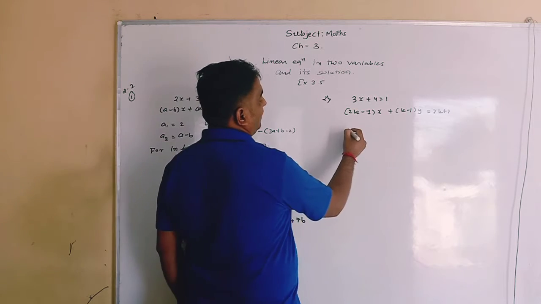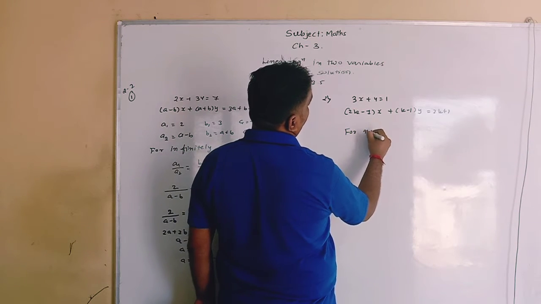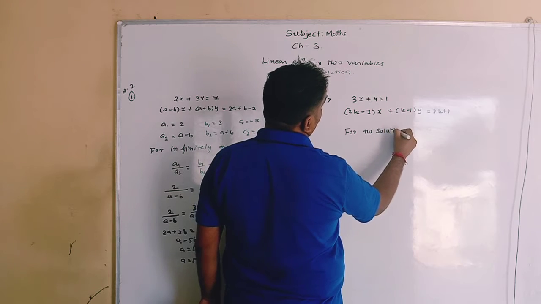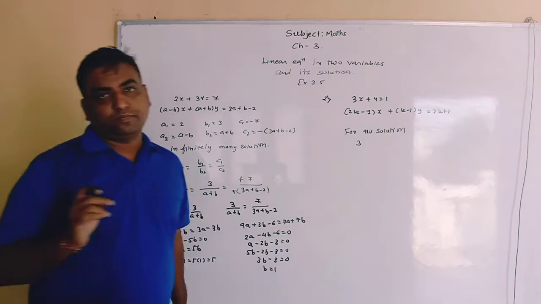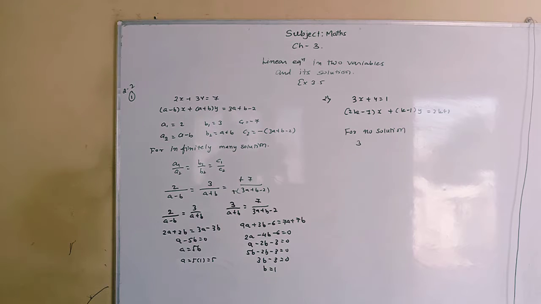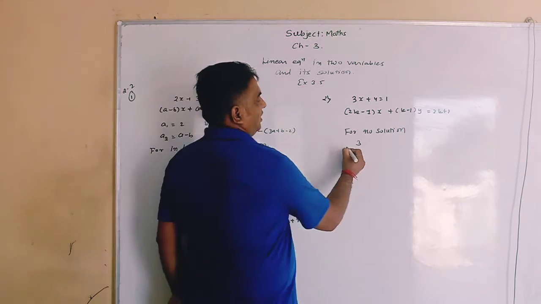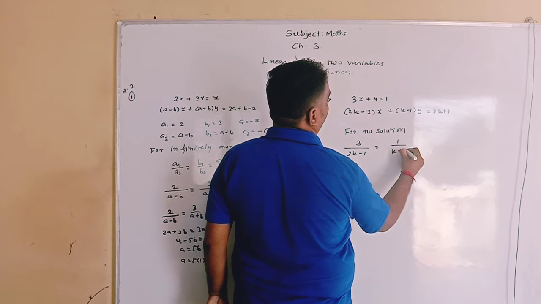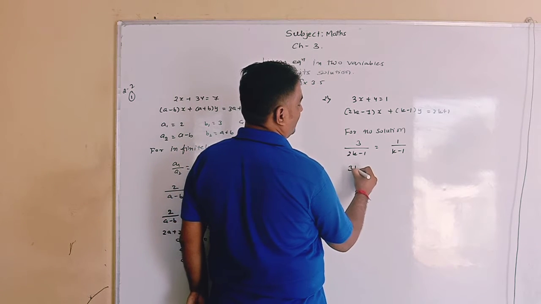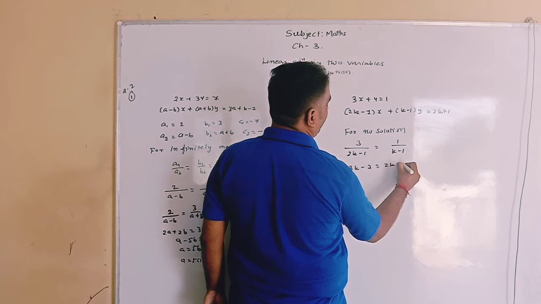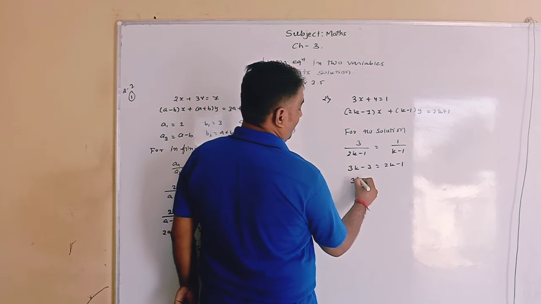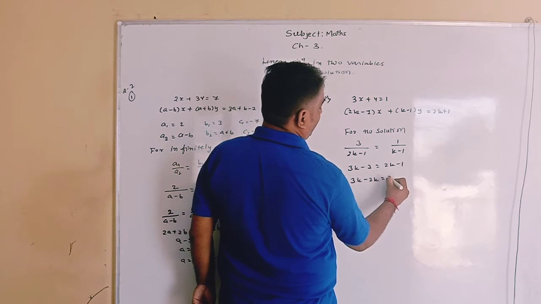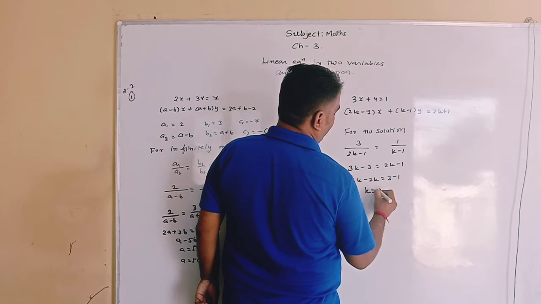For no solution, we know that 3/(2k - 1) = 1/(k - 1). So we cross multiply: 3k - 3 = 2k - 1. And so 3k - 2k = 3 - 1, and so k = 2.